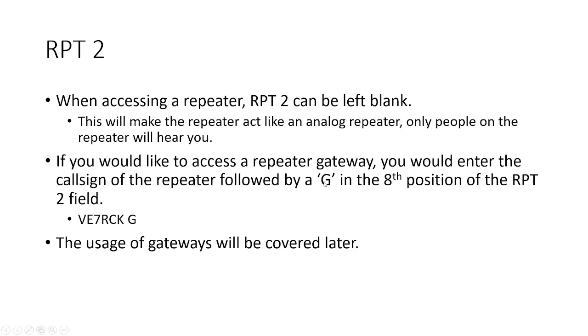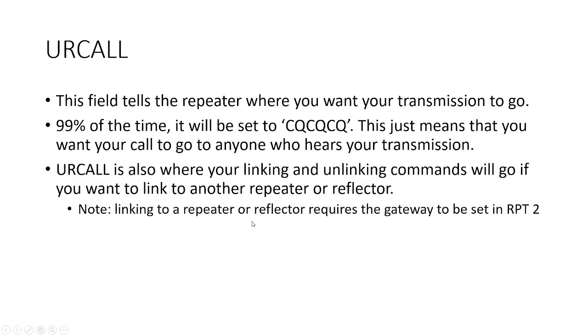So if you would like to access a repeater gateway, you'd enter the call sign of the repeater followed by a G in the 8th position. So G stands for gateway. So an example would be VE7 RCK space G. The usage of gateways will be covered later, so don't worry about it too much for now.